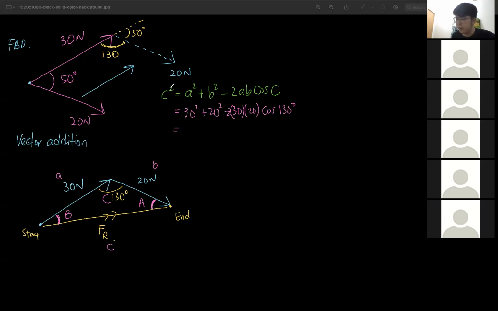Okay, yeah, you should get 45.51 Newton. That is C, right? So 你的 C, FR 就是45.51.